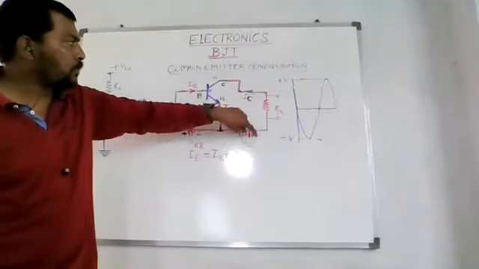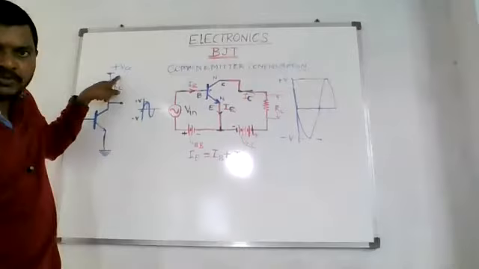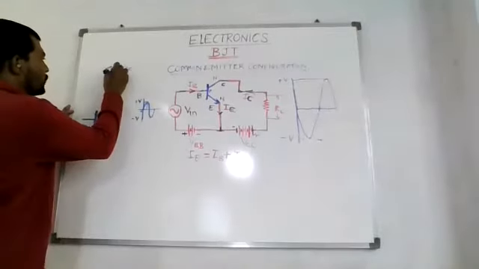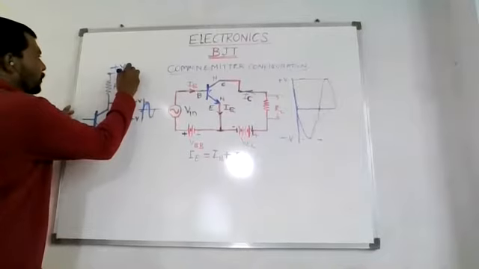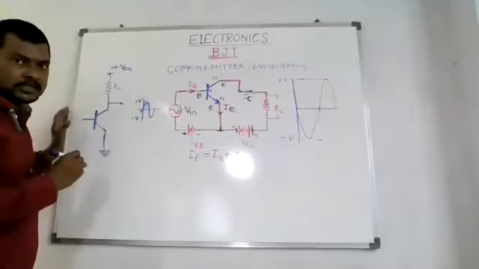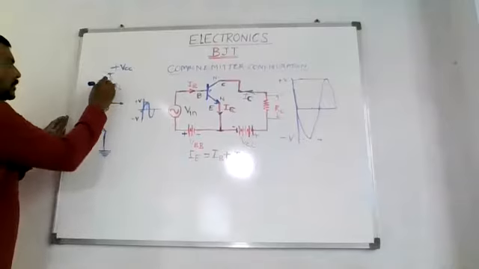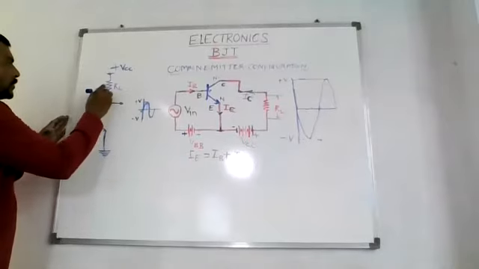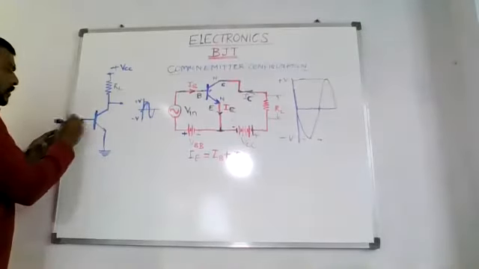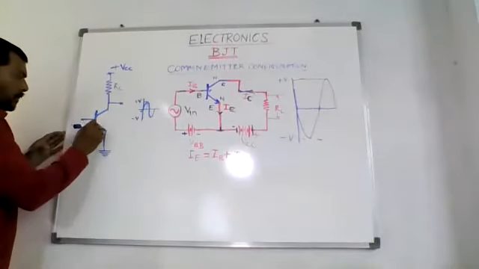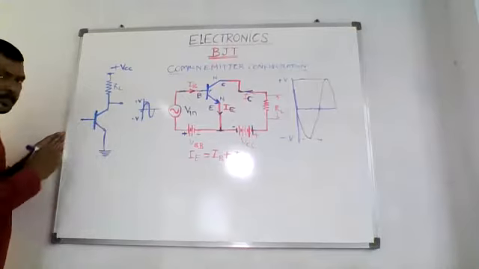I have taken this plus VCC at the top. I have written plus VCC over here. So it is visible. So this is the plus VCC which I have connected. The positive terminal is connected like this. And this is the load resistance across which we are expecting the output to come, and this is the base. Okay, and the base terminal is given the input.